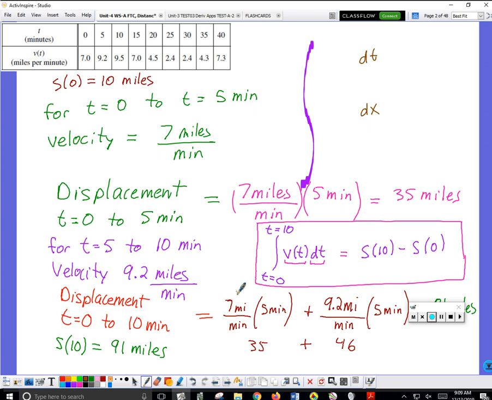If I maintain that velocity for 5 minutes, my plane's displacement, my plane's change in position, will be 35 miles during those 5 minutes.